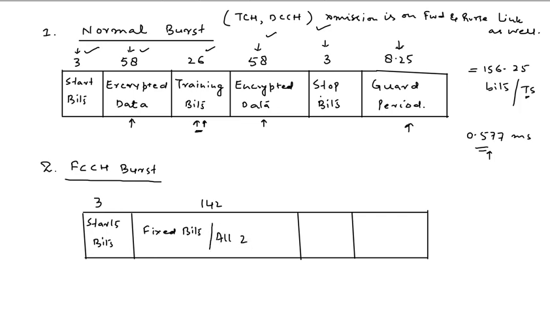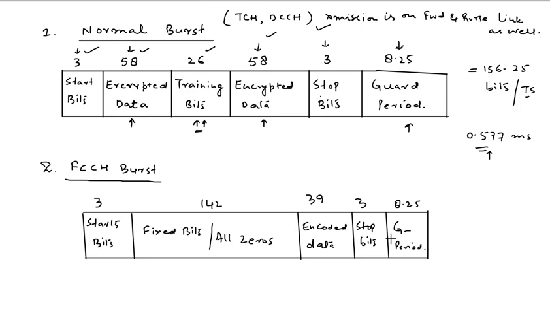Then we have 39 bits in the next field, and this is your encoded data. After that you have another field of 3 bits, and these are your stop bits, and the last one is the 8.25 again, your guard period.